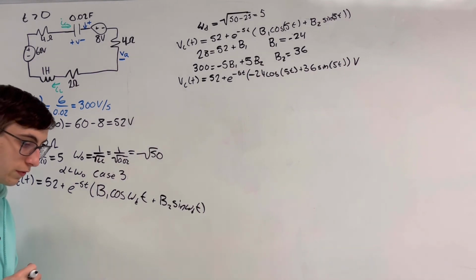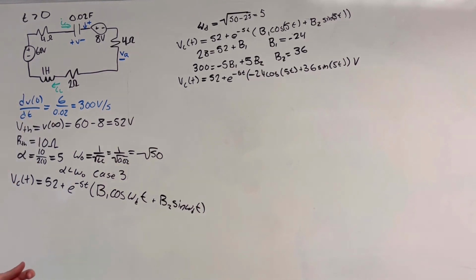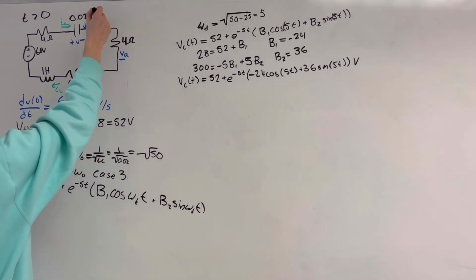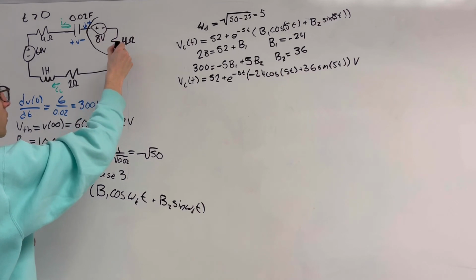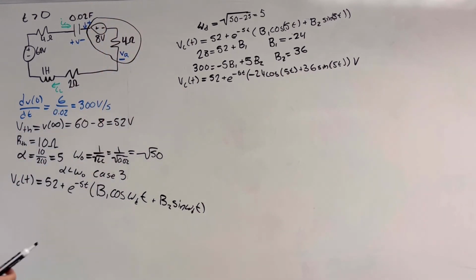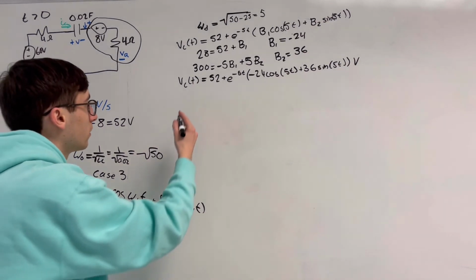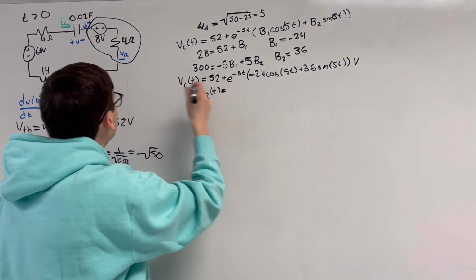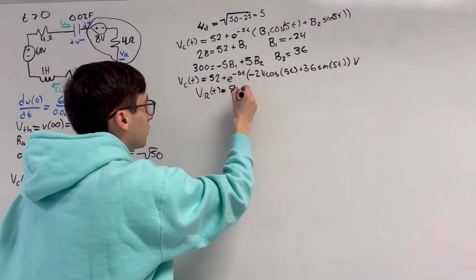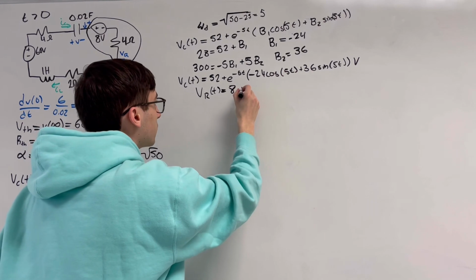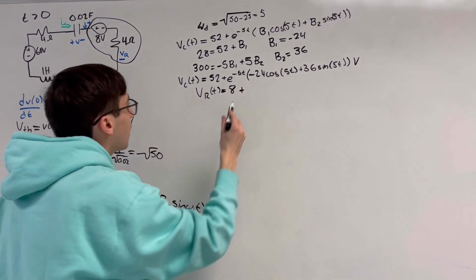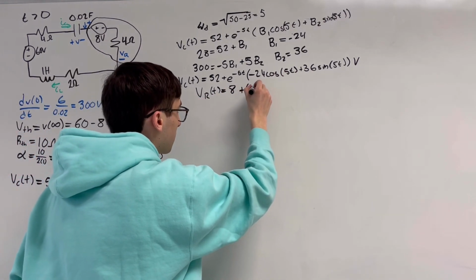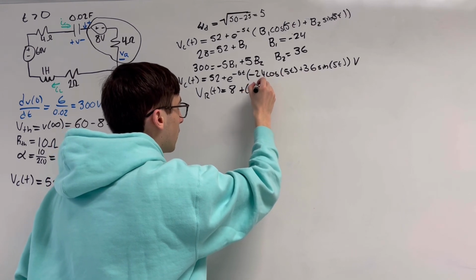We still have to find the voltage across VR, which is just this big loop over here. So the voltage across there. So to do that, VR of t is going to be equal to 8 plus IC times 4.